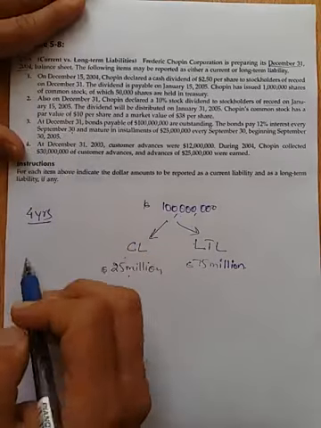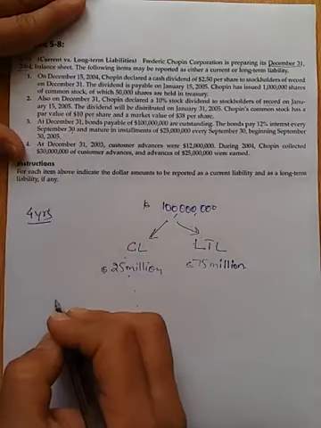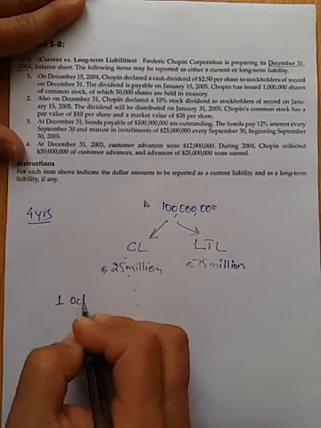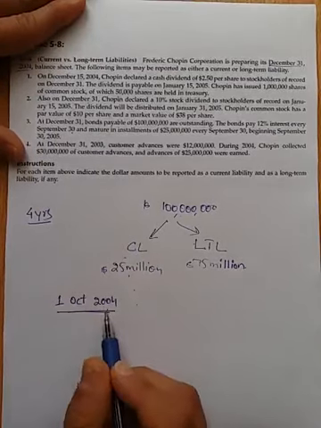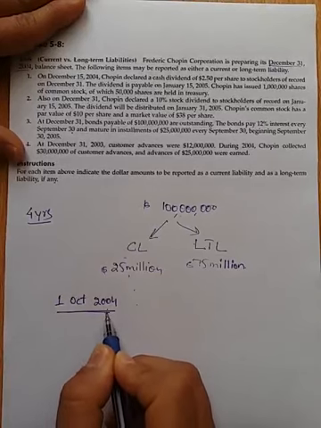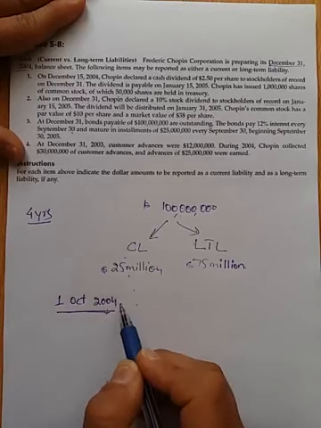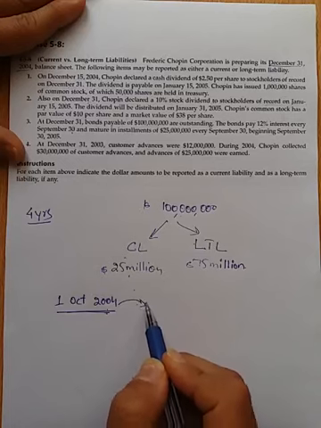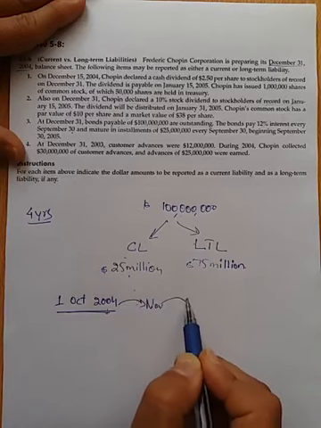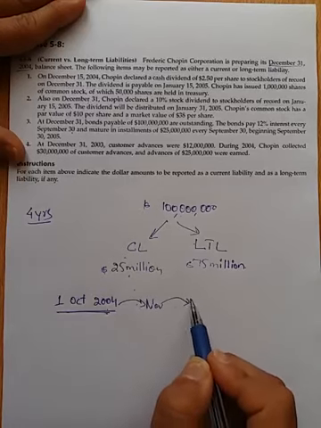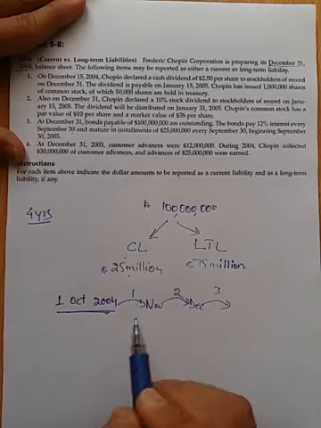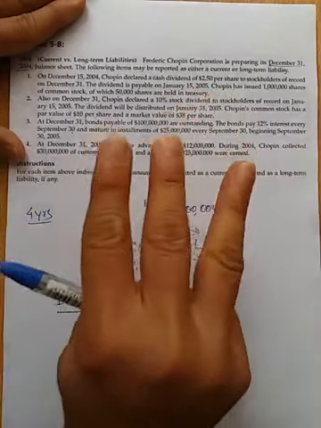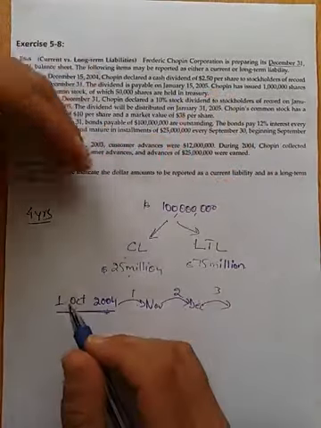So it means that this company, on 1st of October 2004, which is 3 months from today, issued this bond. They had this liability, okay? So from 1st of October, we have the month of October, then November, so that's 2 months, and then December, so that's 3 months. So 3 months have passed since the liability was issued.